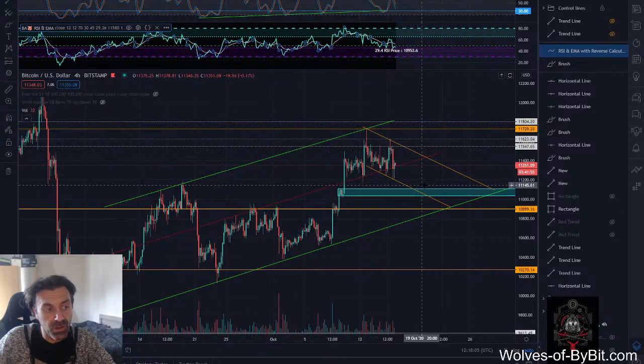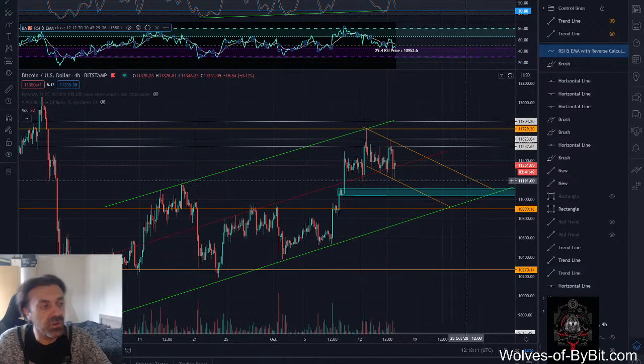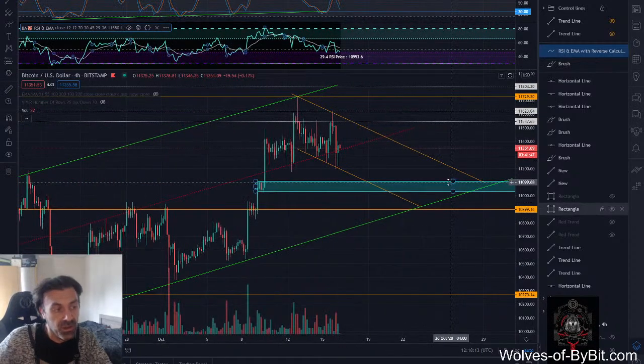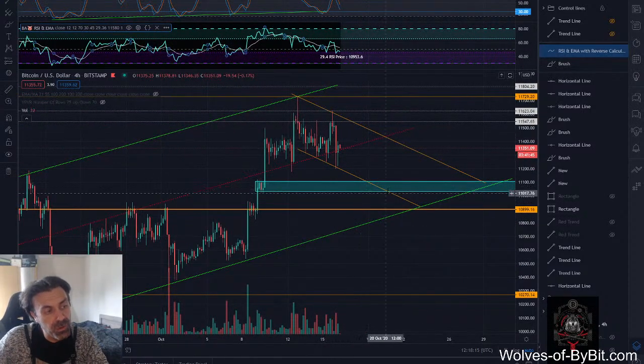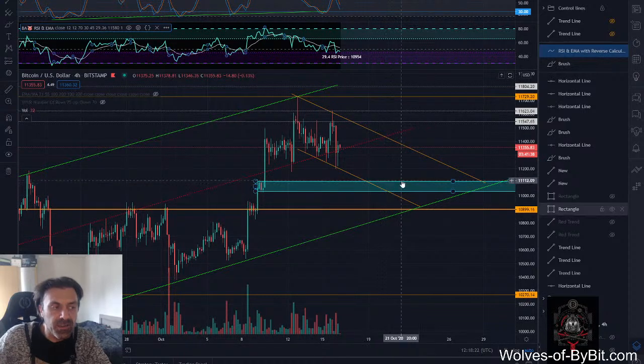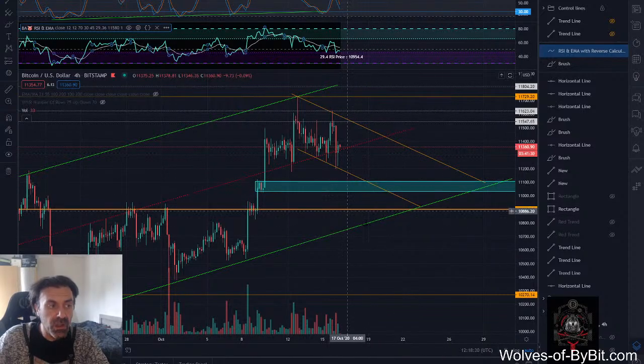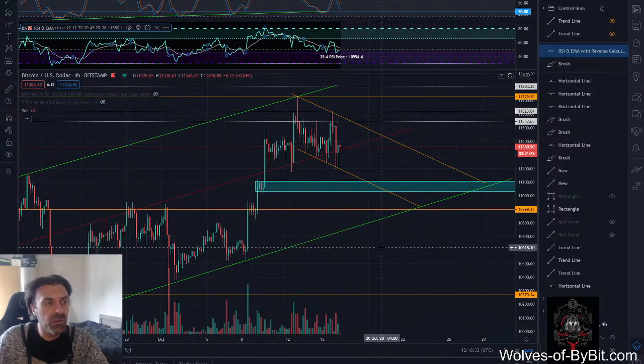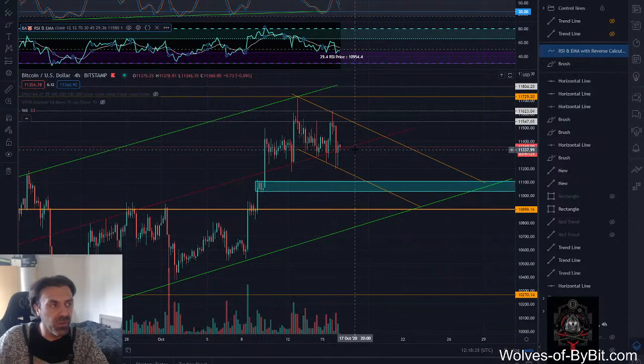Of course, if we start making lower lows and lower highs, remember this is a downtrend on the short term nonetheless, then I would be targeting some of those areas and keeping an eye on whether RSI is respecting the read and following it, so you have confirmation of what you're seeing before making a decision.